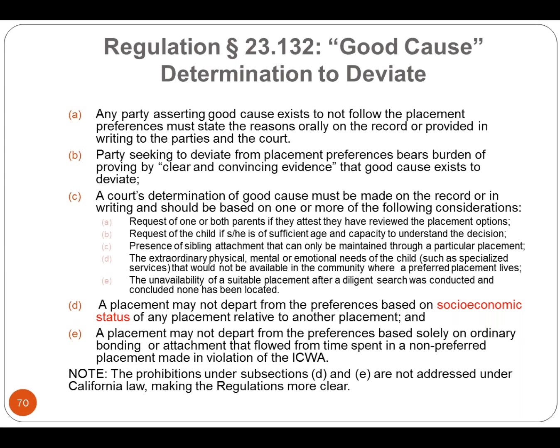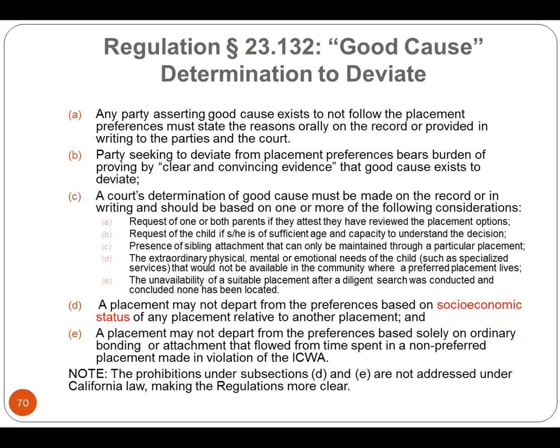A court's determination of good cause must be made on the record or in writing and should be based on one or more of the following considerations. Request of one or both parents if they attest they have reviewed the placement options. The request of the child if he or she is of sufficient age and capacity to understand the decision. The presence of sibling attachment that can only be maintained through a particular placement.